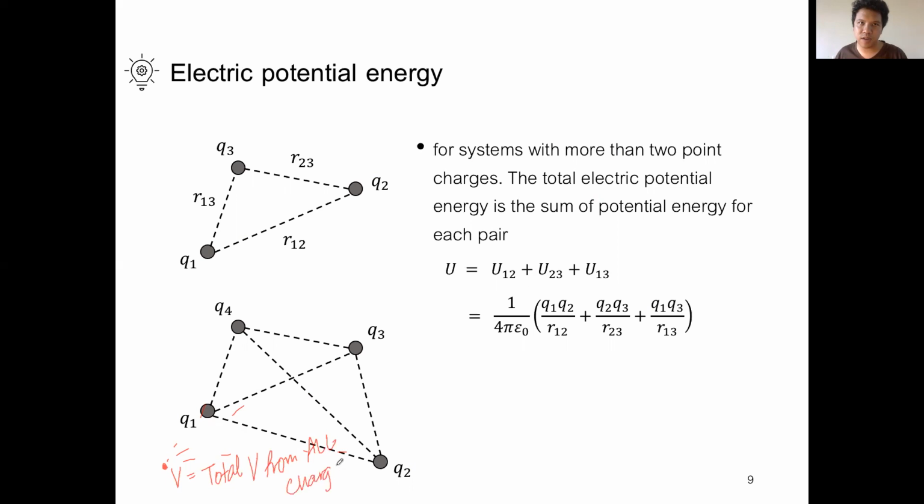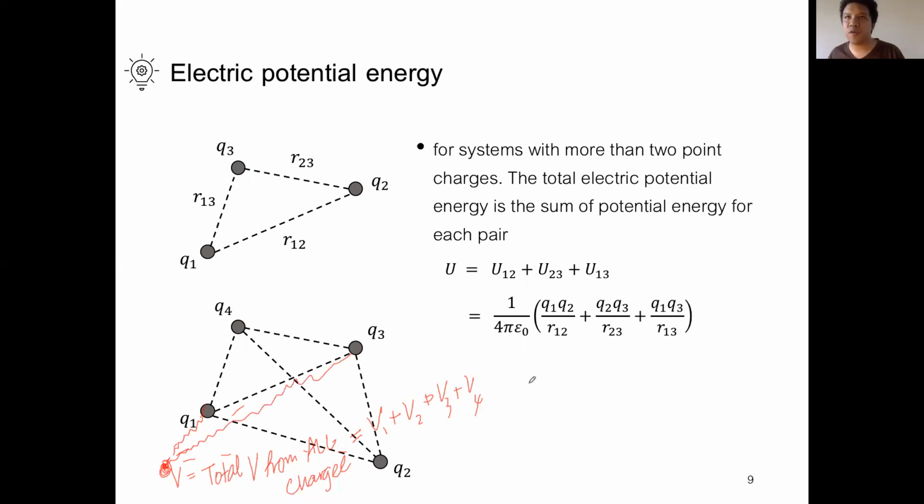So in this case, the total electric potential at this point would be V1 plus V2 plus V3 plus V4. For example, for V1, I consider this distance, and for V3, I look at this distance.